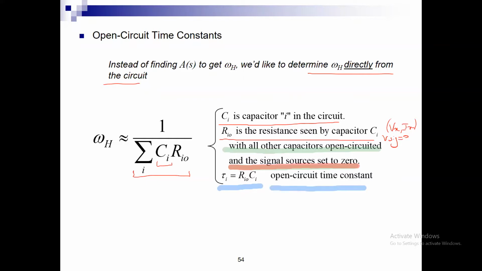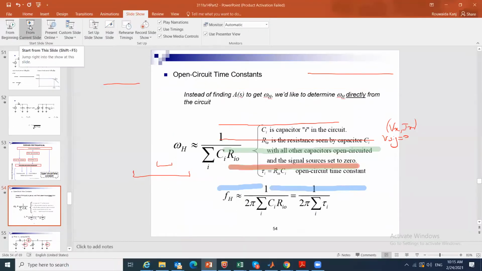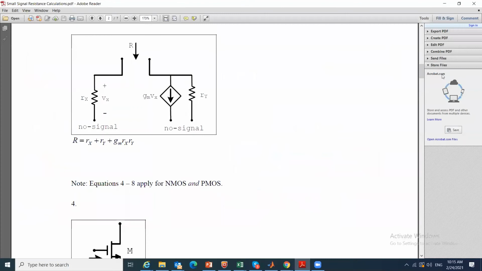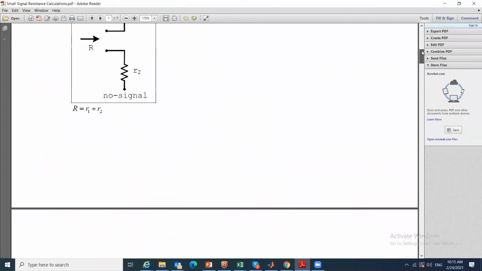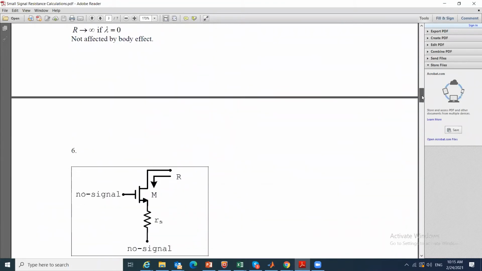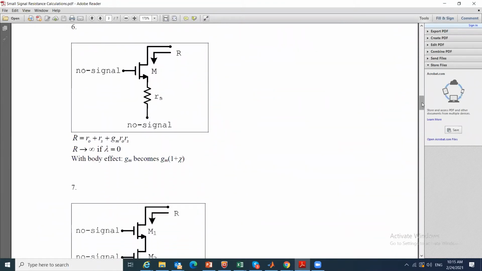Now we're not going to have things be complex, and let me just share with you this sheet here. What happens here is that if you recall this resistor sheet, we can start to rely on these resistor rules, meaning the resistance seen by the capacitor.